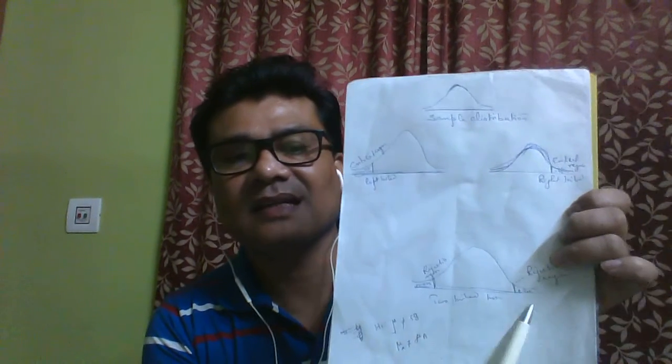In the two tail test, what happens if the level of significance is fixed at 0.05 level? In that case, as it is a two tail test, the critical region falls at both ends, right? We are not interested in the right side or the left side. Not equal to 25 means it can be more than 25, can be less than 25.